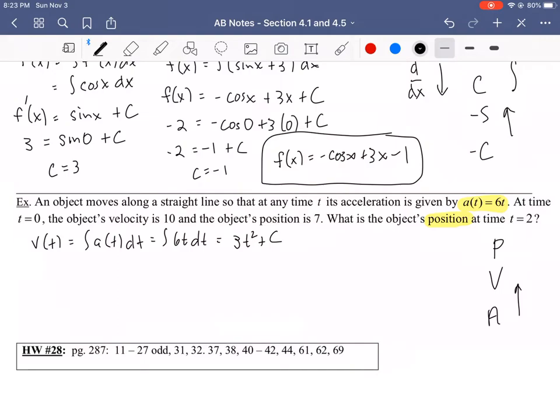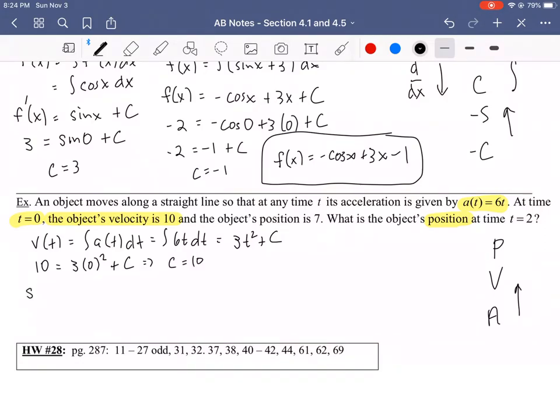And so now we'll use our initial condition to find what that c is. Our initial condition says that at time 0, the object's velocity is 10. So in for the velocity will go 10, and we'll set that equal to 3 times 0 squared plus c, which means that in that case c is equal to 10.